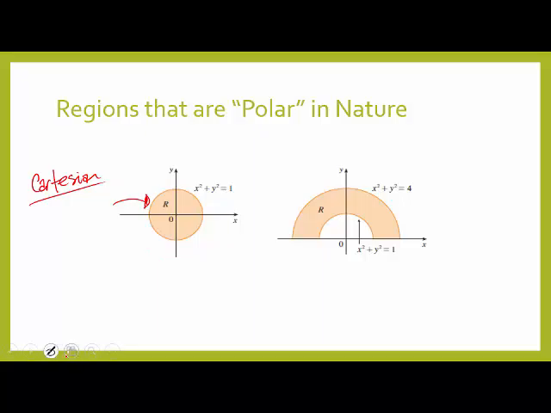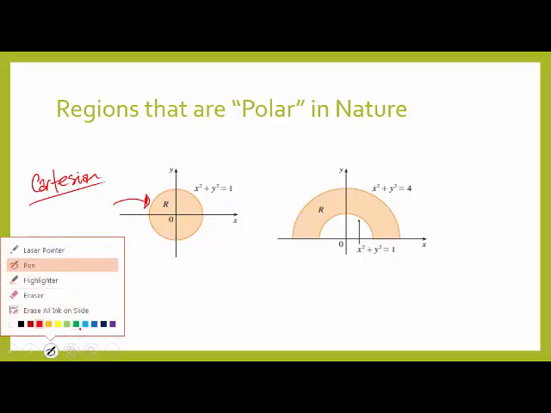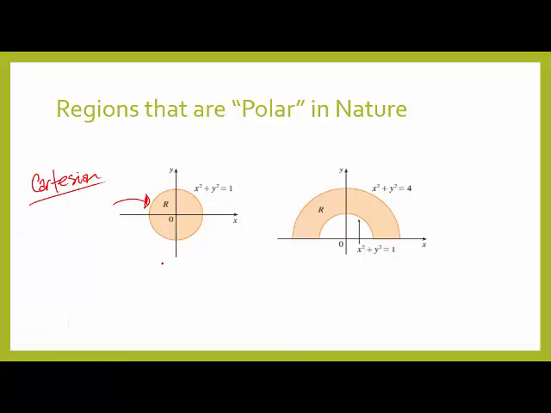say we wanted to integrate with respect to y first. We would draw a line parallel to the y-axis. That means we have to come up with the equations of this circle from the top half and the bottom half.